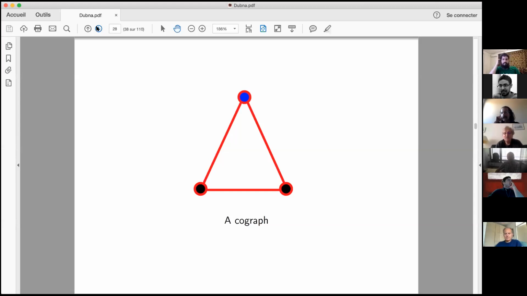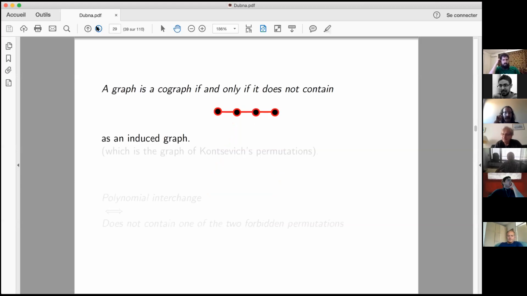Now, the theorem is this. This is a very simple theorem. You can prove it as an exercise. If you give me a graph and you want to know whether or not it is a cograph, the answer is this. A graph is a cograph if and only if it does not contain this chain with 4 vertices and 3 edges as an induced subgraph.